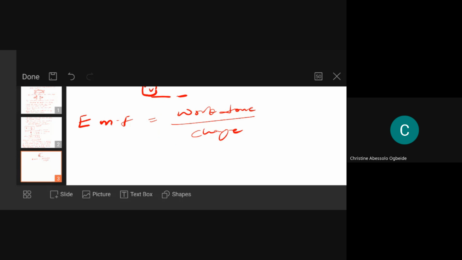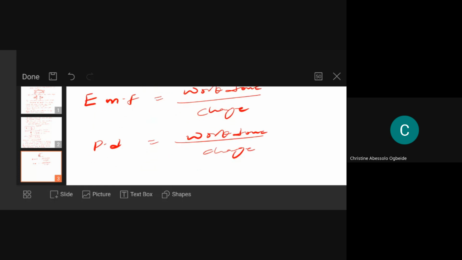We can calculate the EMF of the cell by simply dividing the work done by the charge. And if we say that the EMF is equal to potential difference, it also means that the potential difference, PD, is equal to work done all over charge.